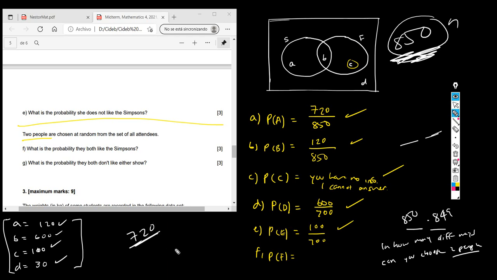How many possible combinations of two can you make with these many Simpsons fans? It's the same idea. You go 720 times 719, and you have these many possible combinations.